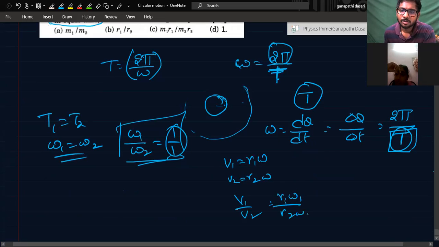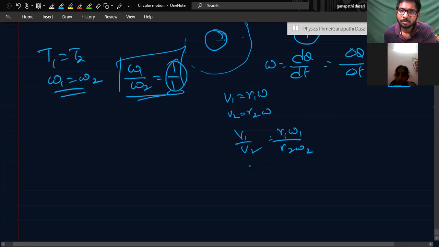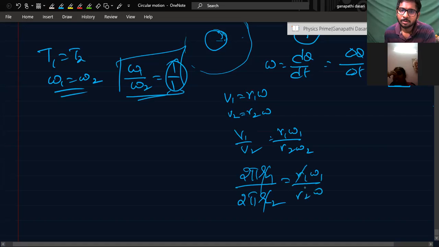And v is delta s by delta t, no? Anyway, time is the same, and for both, delta s is the whole circle, that means circumference, 2 pi r1 by 2 pi r2. I forgot to cancel this. I got it. Thanks.